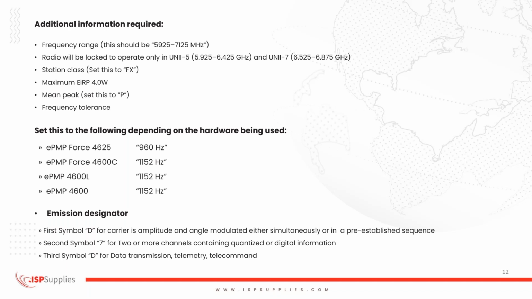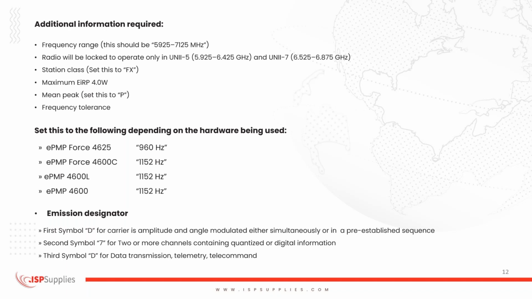Now, the emission designator, if you go to the FCC OET website and search for the equipment that you're going to be using, you look at the certification for that equipment, and it will give you the emission designator. What you want to look for is if you're going to use an 80 megahertz or 160 megahertz wide channel, you would pick the emission designator that corresponds with that. And there's a list of all the designators for each equipment.